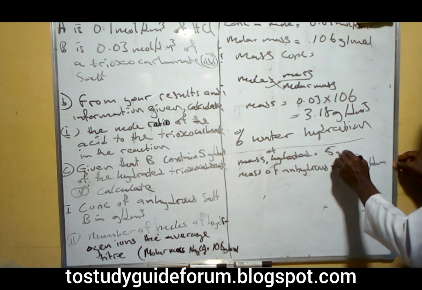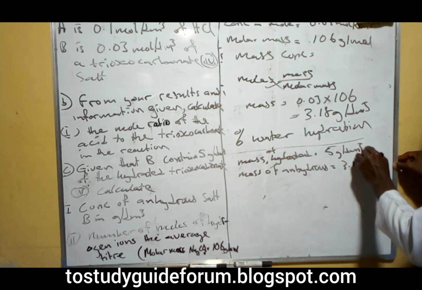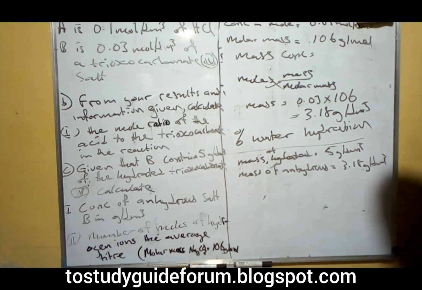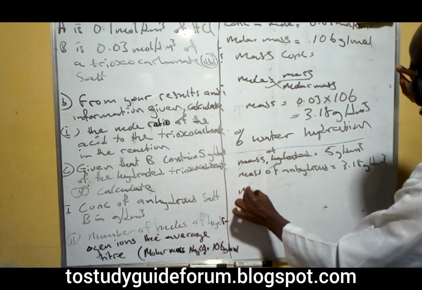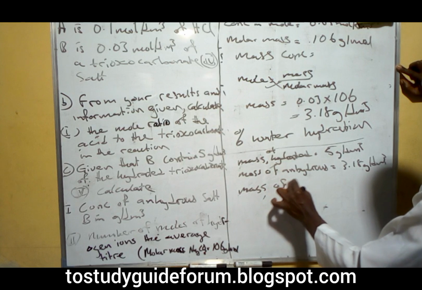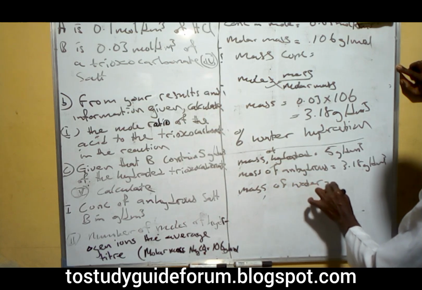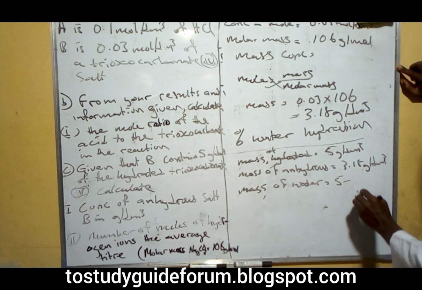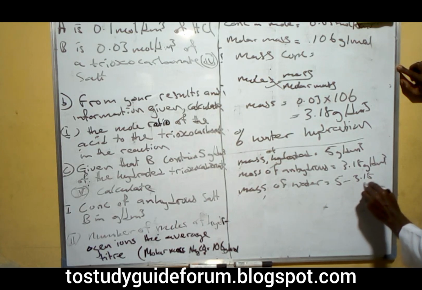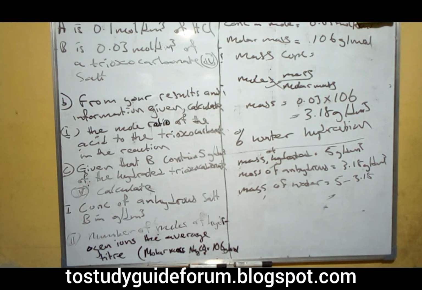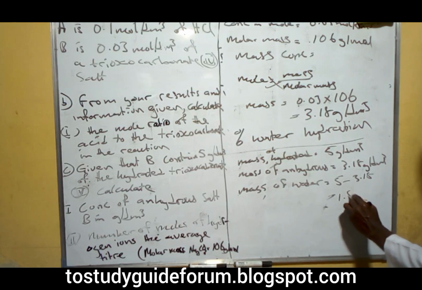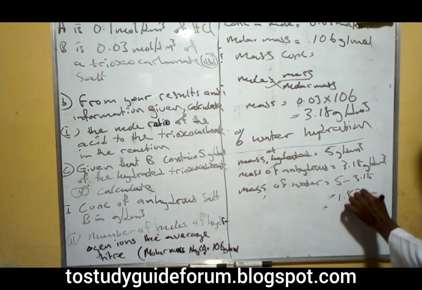So now the mass of water will be 5 minus 3.18, that will give us 1.82 gram.